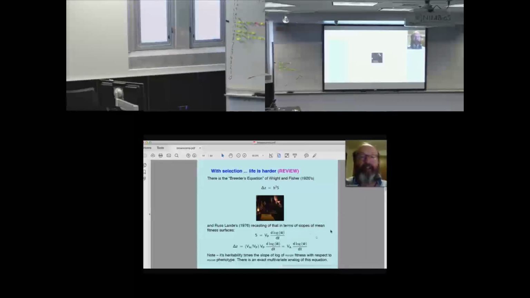So when you have an adaptive surface, we can use a sort of Landyized version, a version in Landyland, of the original Breeder's equation, and it comes out, of course, as the G matrix, which here is called V sub A, times the derivative of the log of mean fitness, the slope of the log on the surface of mean fitness. So, okay, that's the Russ Lande review.